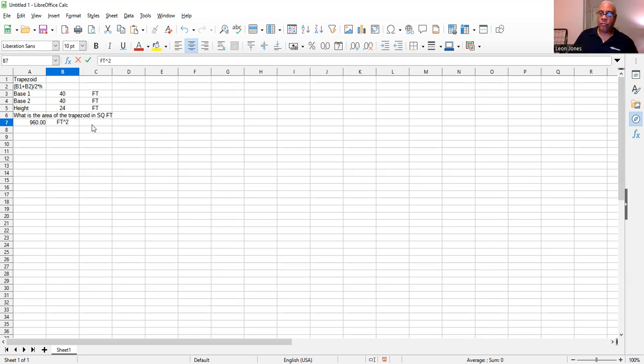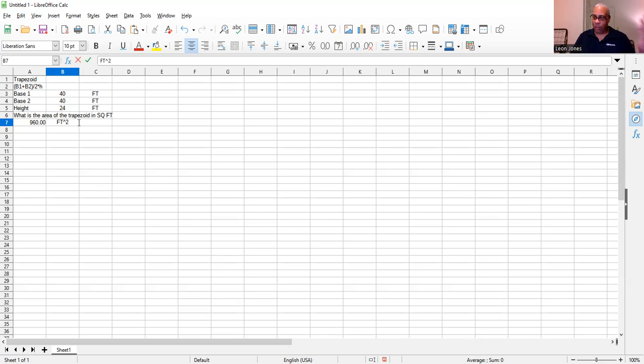Now, let's do the same thing. Let's take this 960 square feet and convert it into square inches. What are you going to do?